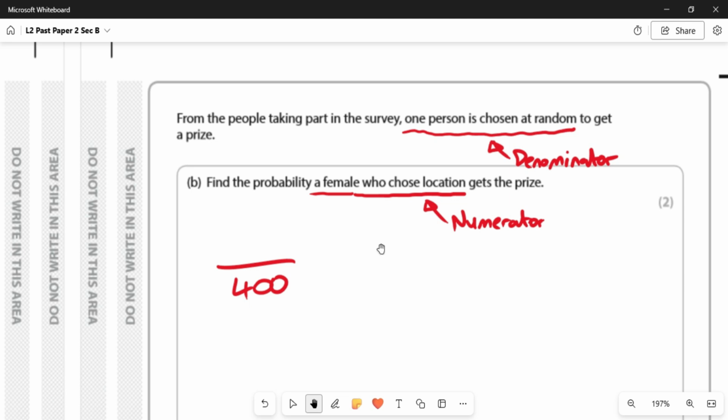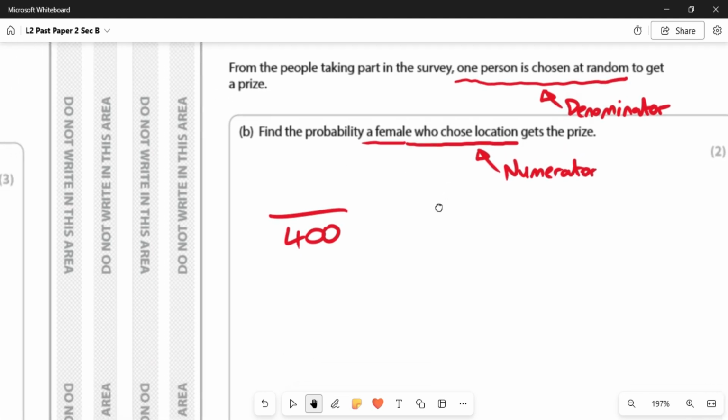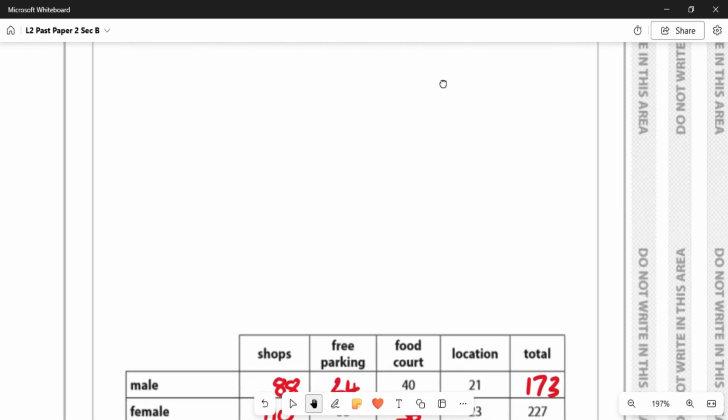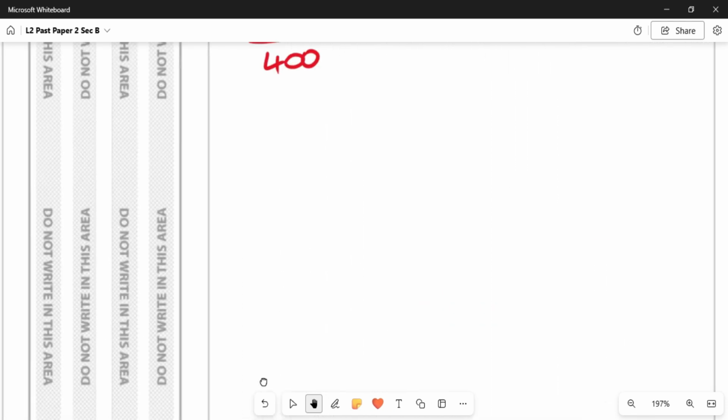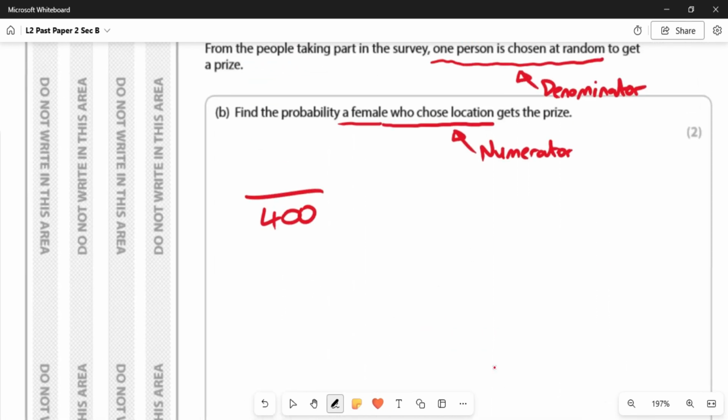So let's go to the table again. A female who chose location. Let's have a look at the table. Female who chose location. Can you see, female and location is this one right here, which is 23. So it must be 23 out of 400.